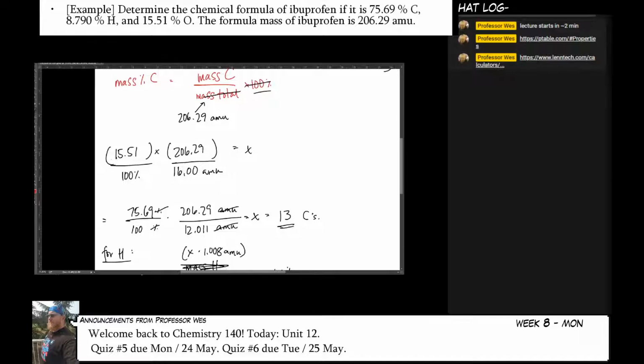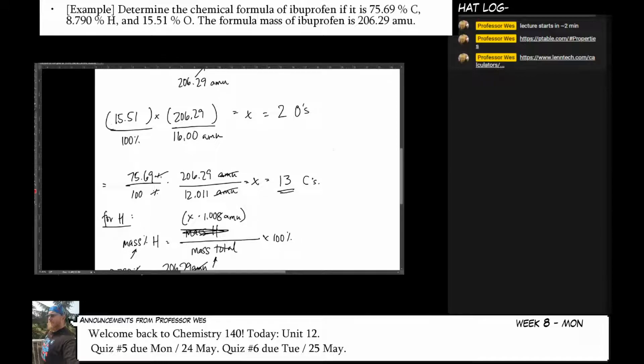And when you do this process, you should get whole numbers. Here I got x equals 2. And so putting all this information together, my formula becomes C13H18O2. So it is possible to work backwards, but it is a lot more involved.